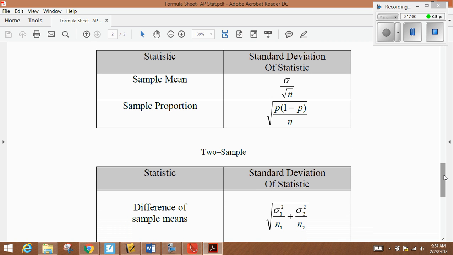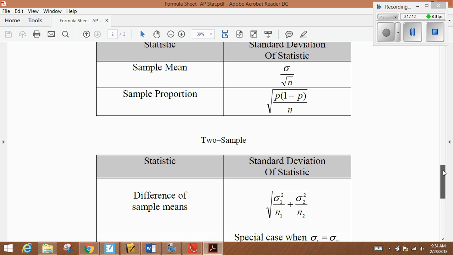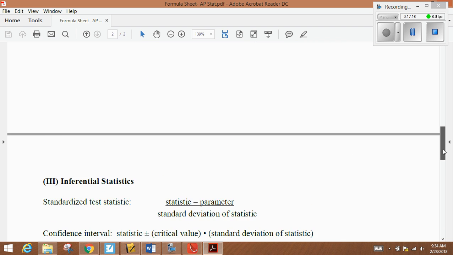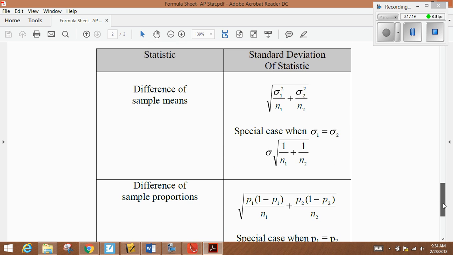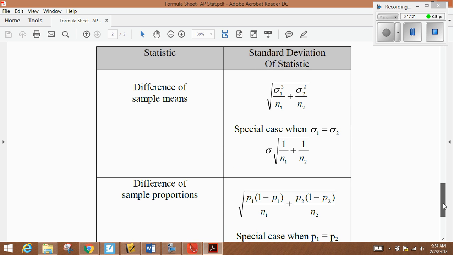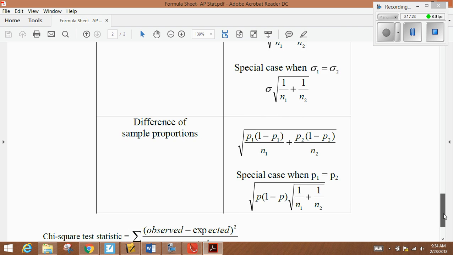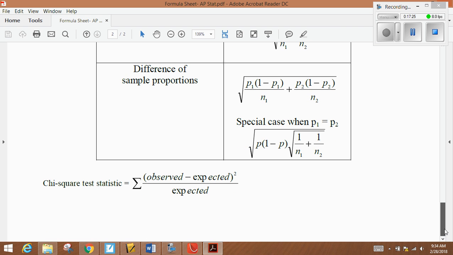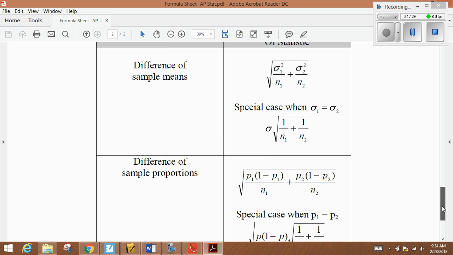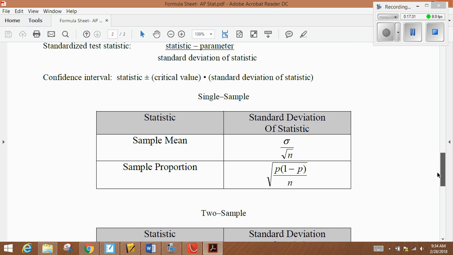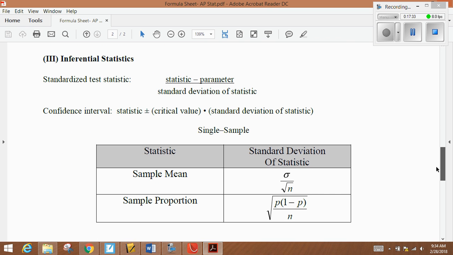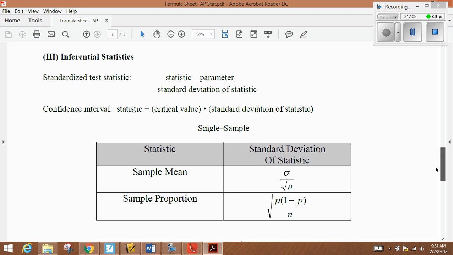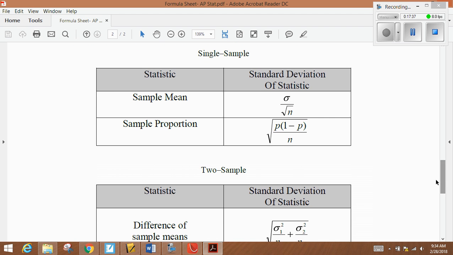For sample proportion, there it is. You don't have to memorize those, although you probably already have them memorized. The good news is they get more complicated when we get to two sample means, or two sample proportions, and then a chi-square as well. So that's it. But that's where you find this stuff. It's on that back sheet of your formula sheet. Okay? All right?